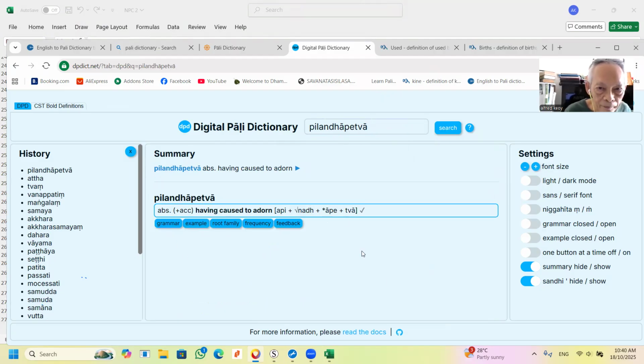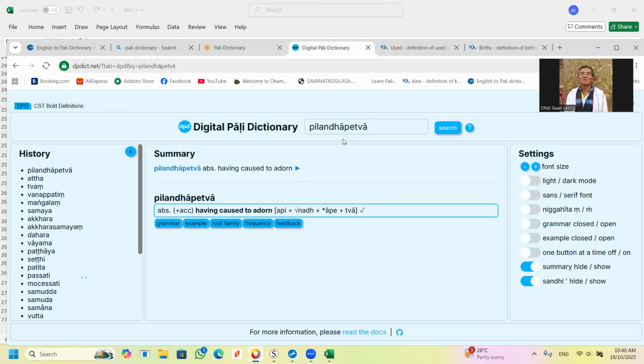Can you see? Okay, now. Can you see the two? Can you see the word ape there? No problem. So in this case, suppose you see here, you cannot break it down. So what you do is, here it is: having caused to adorn, to wear.